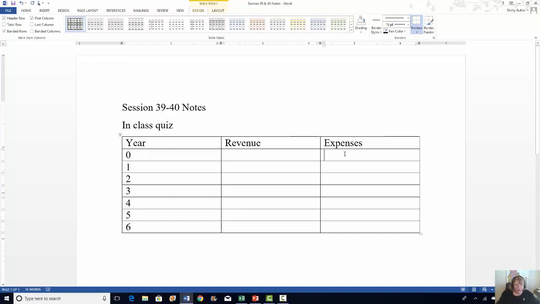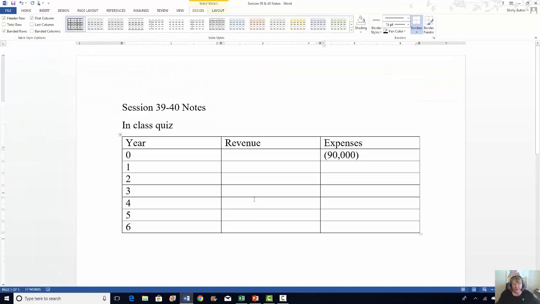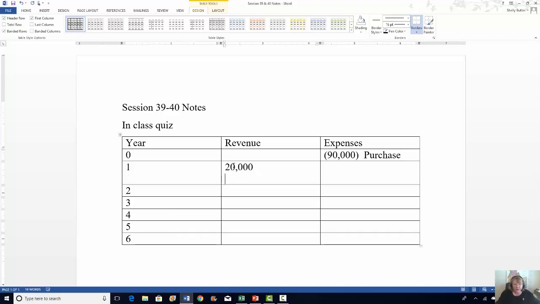In the first year, they purchased an asset for $90,000. And the revenues are $20,000 every year.